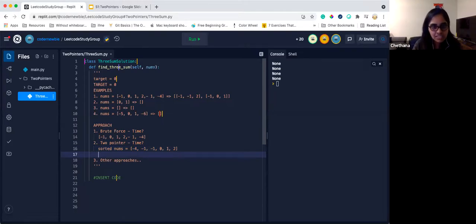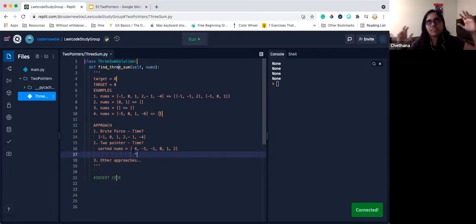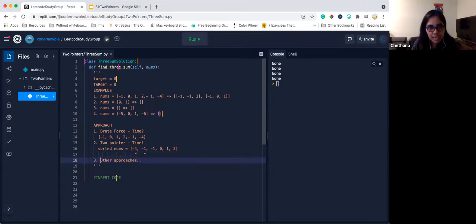Now let's get to the main question. So now what do we do for this particular weird situation to find the triplets? Let's begin with an outer pointer that would start iterating on the outside, and within that, we're going to need two more pointers to keep track of what's happening inside.